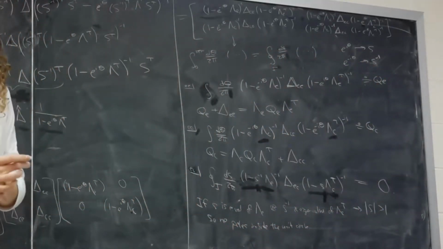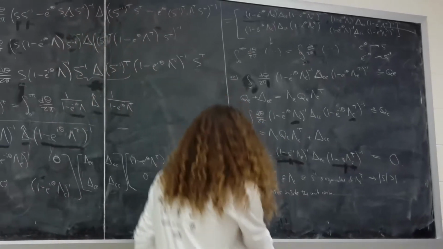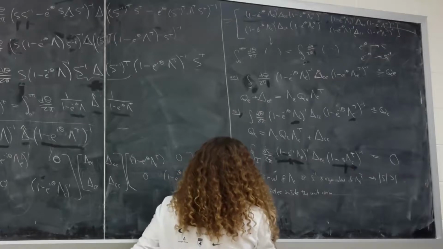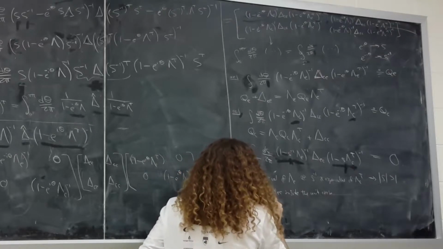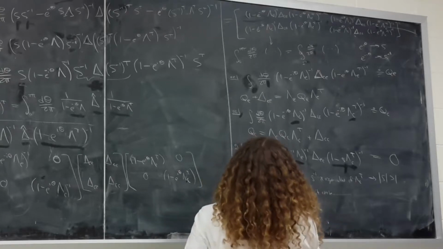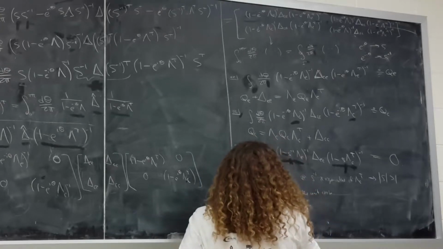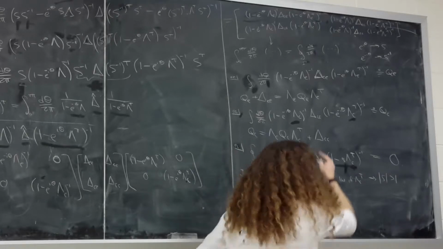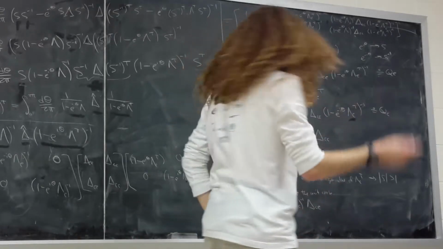Okay? Now for CE. This is now 1 minus... Also, delta doesn't have poles. It's just a matrix.